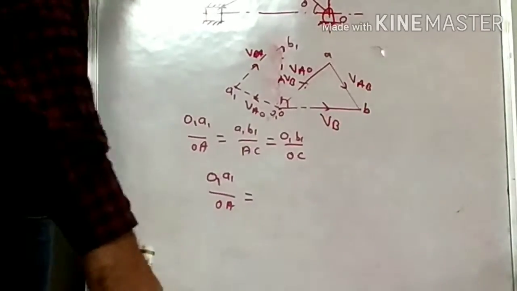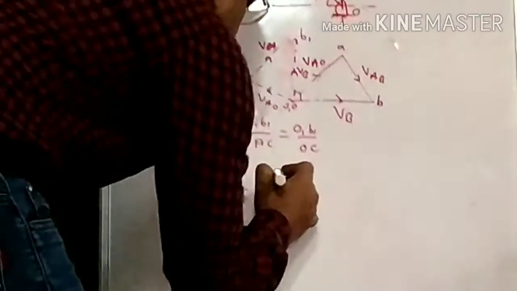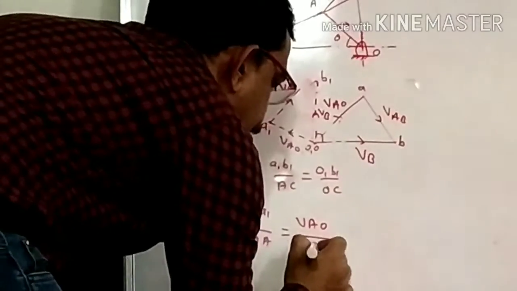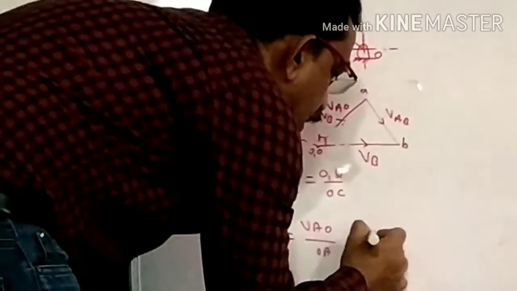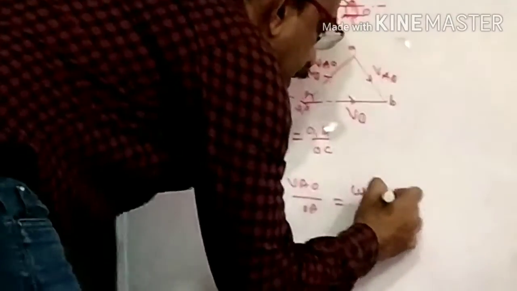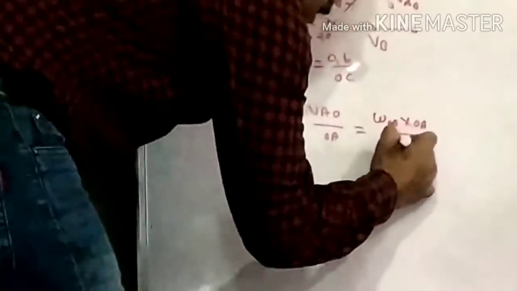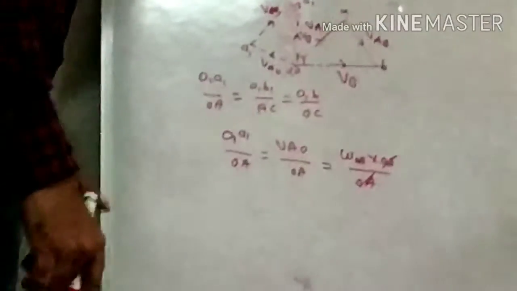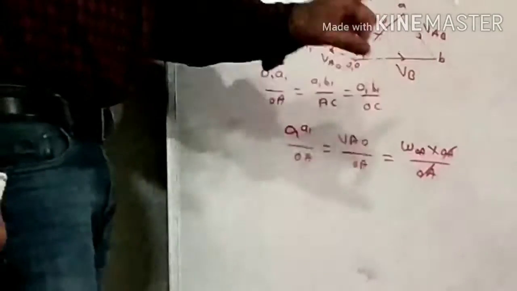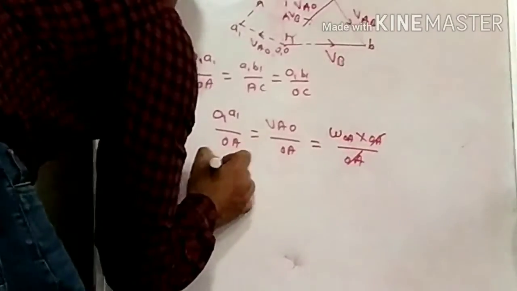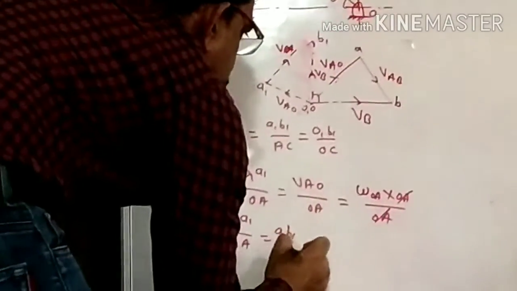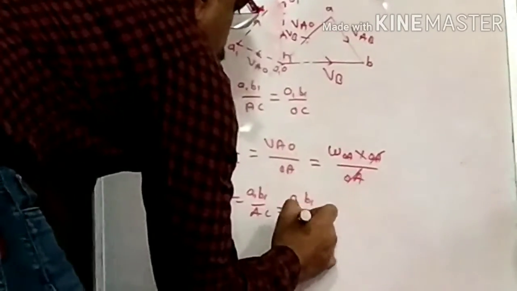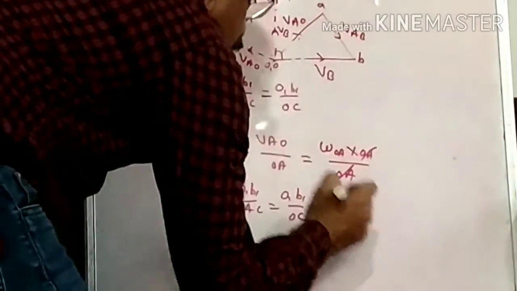O1A1 represents the velocity of A with respect to O, which is the angular velocity of link OA multiplied by the length of link OA, divided by OA. So OA gets cancelled, and we get O1A1 upon OA is equal to the angular velocity of link OA. So O1A1 upon OA is equal to A1B1 upon AC is equal to O1B1 upon OC is equal to the angular velocity of link OA.